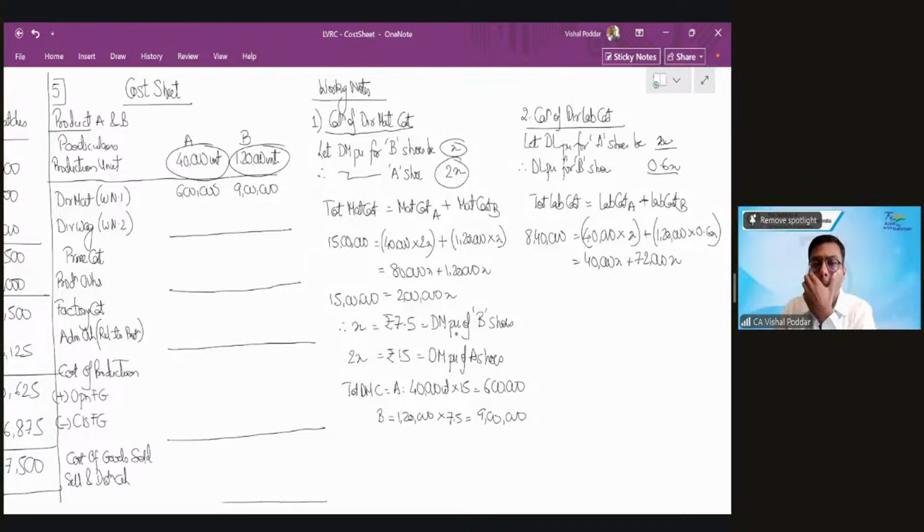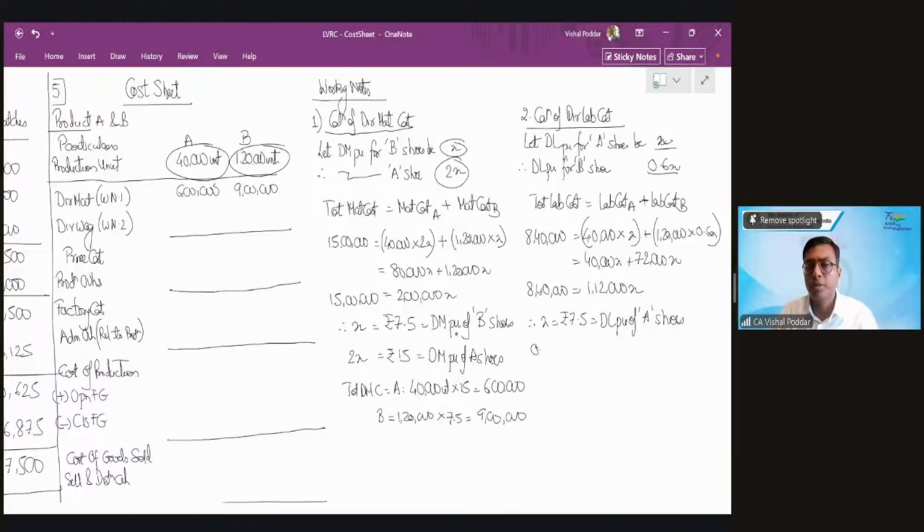Therefore, 840 is equal to, therefore x is how much? It will be 840 divided by 112, 7.5, which will be direct labor per unit of A type shoe.